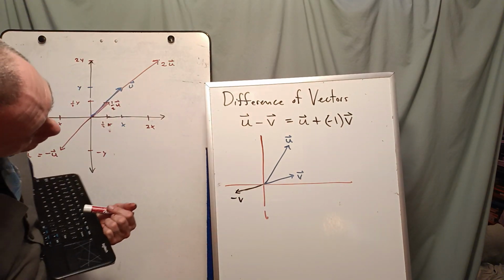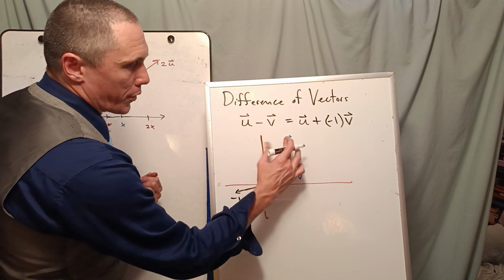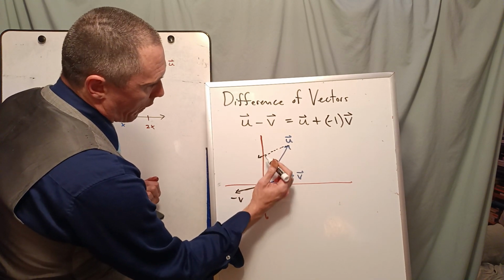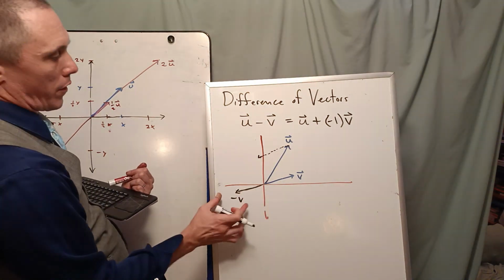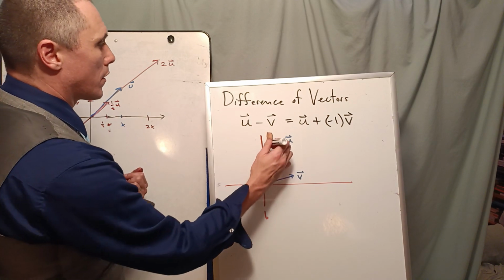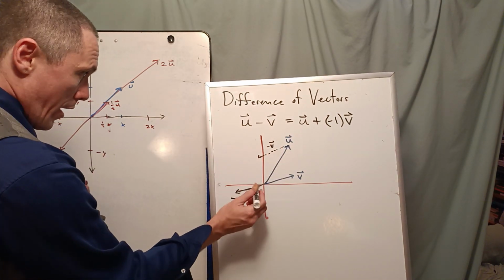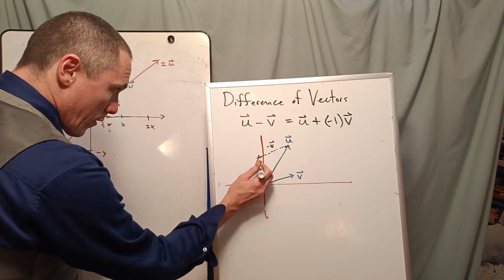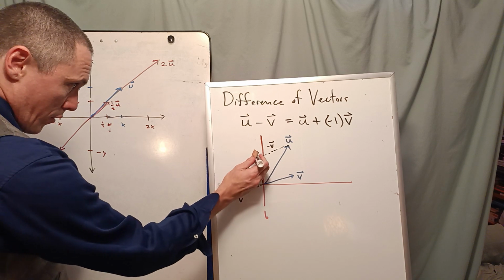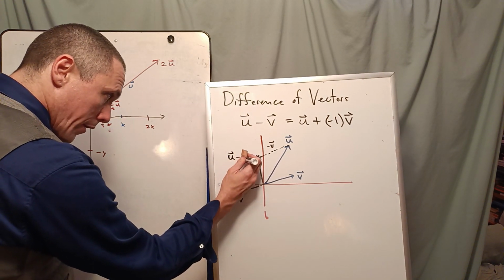And what does it mean to add two vectors? It means we're going to take this one and put it on this guy's tail and parallel transport it, right? Slide it, keeping direction the same until we get to here. This is minus v. And so this vector here that points to this new endpoint is going to be u minus v.